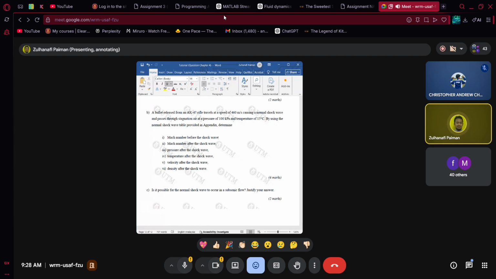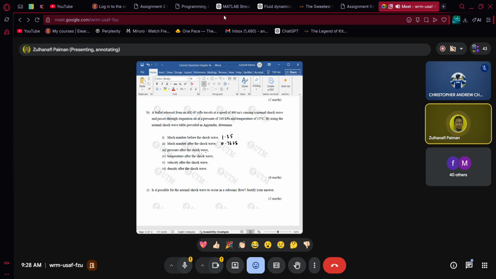Okay, so here is the answer. Mach number 1 before the shock wave, my answer is 1.35. Please double check. Mach number after the shock wave, you use the tables and you need to do the interpolation. I got 0.7628.